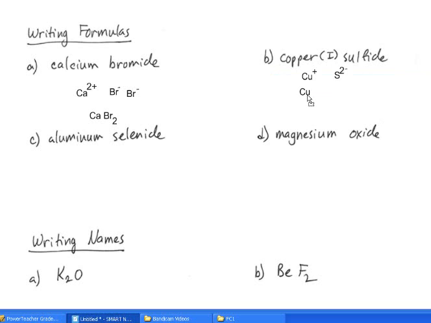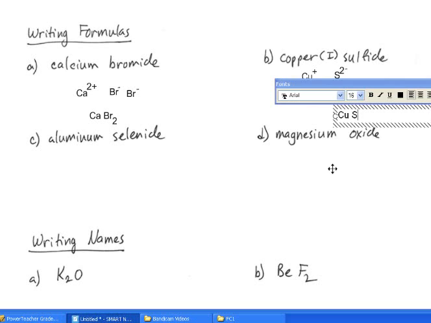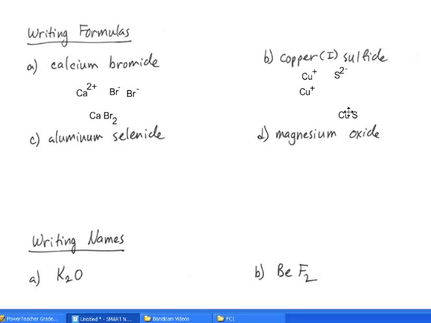So if I have a second copper, that will balance out. 2 positives, 2 negatives. So that tells us that the formula for copper 1 sulfide is Cu2S. I need 2 coppers for every 1 sulfide.